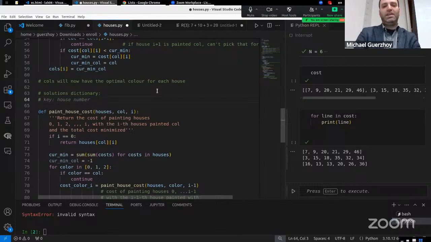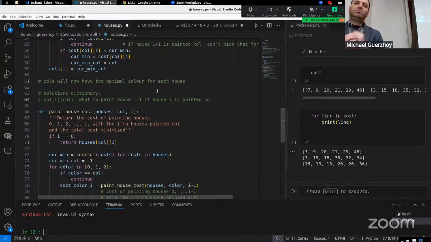So I want to be able to say, solution house I color is what to paint house I minus one if house I is painted color, right? So, okay.